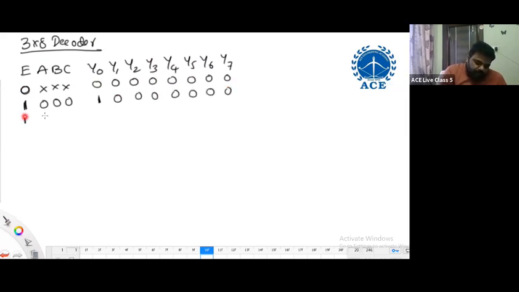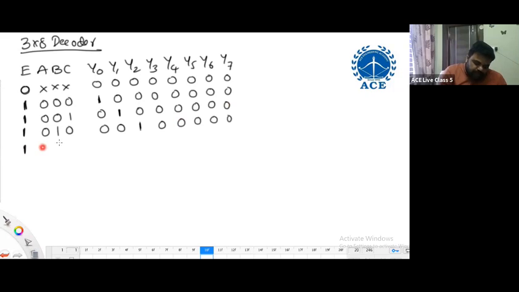If E equals 1, ABC 0, 0, 1, what is it here? Y1 is 1, remaining are zeros. If E equals 1, ABC 0, 1, 0, Y2 is 1, remaining are zeros. If E equals 1, ABC is 0, 1, 1, then Y3 is 1, remaining are zeros.